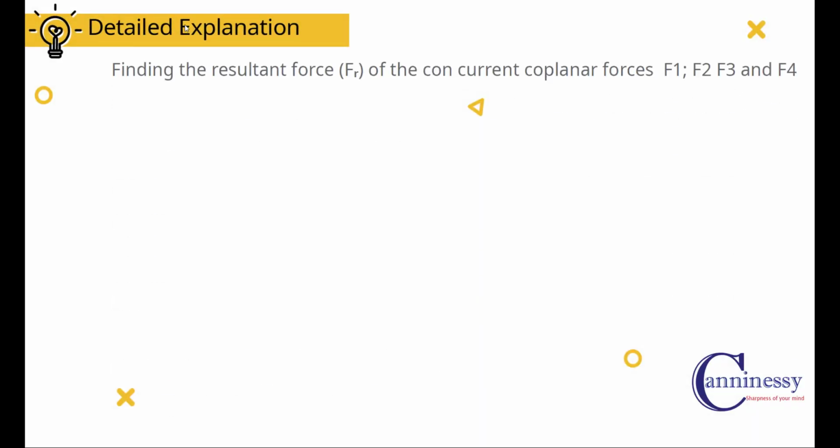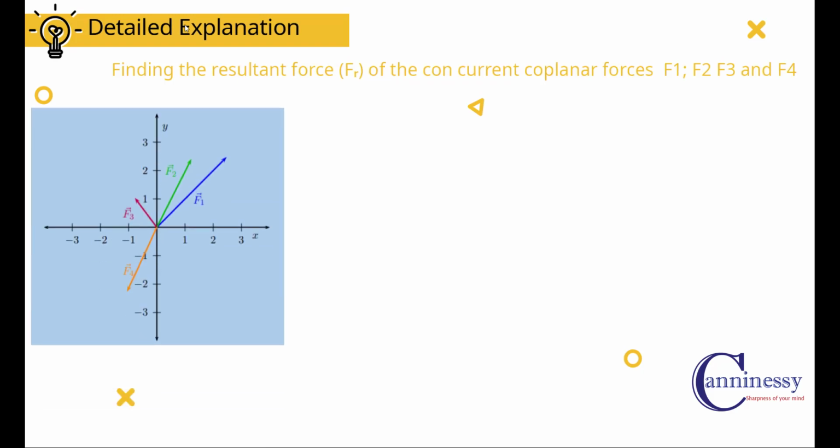Detailed explanation: finding the resultant force of coplanar forces F1, F2, F3 and F4. So the goal here is to resolve each constituent force into its components Fy and Fx.